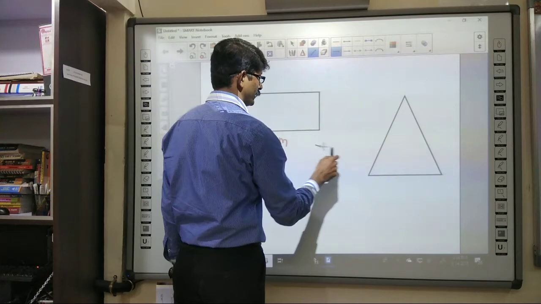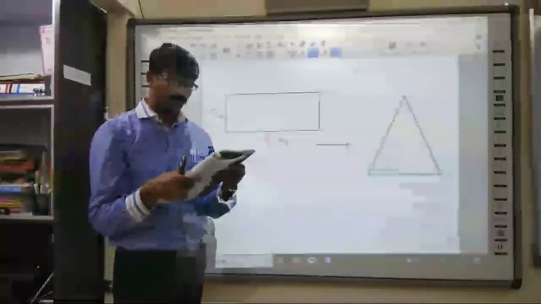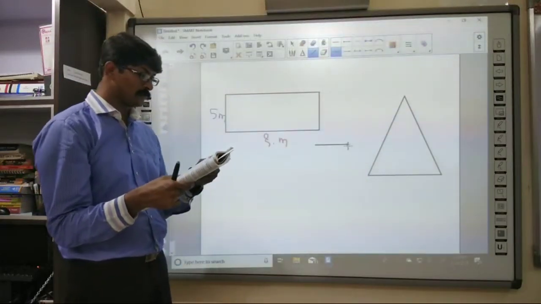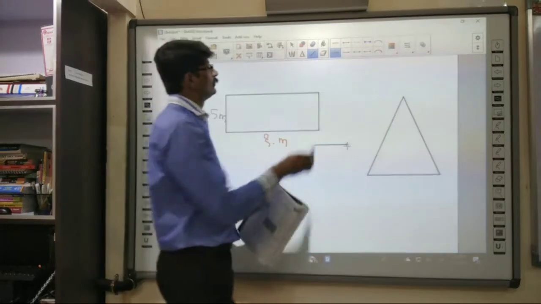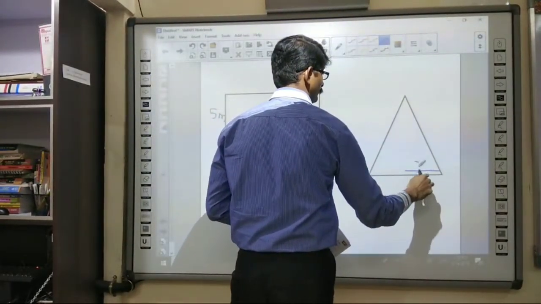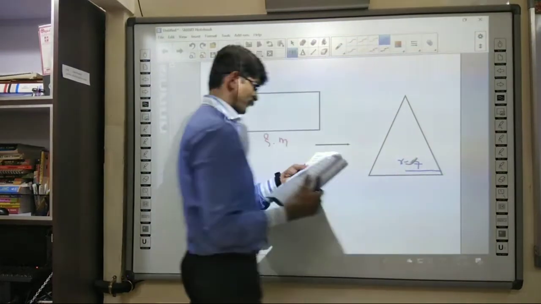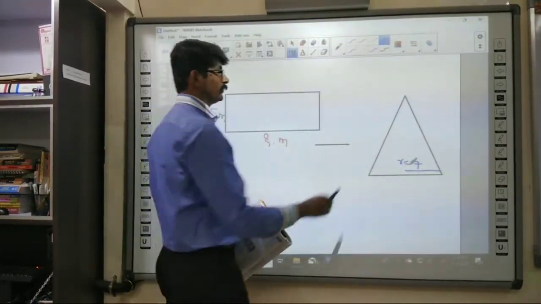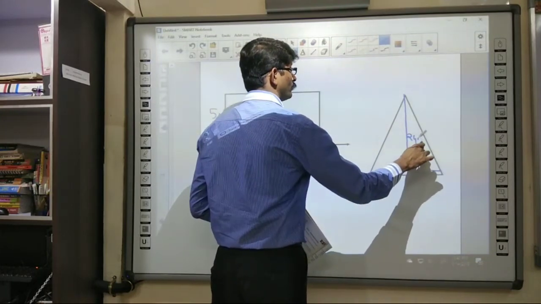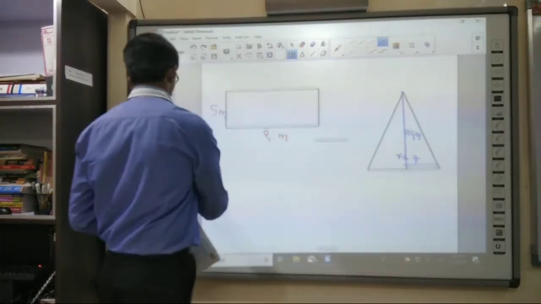Like this, isn't it? And in the conical tent, what dimensions are given? The radius of whose base is 7 meter, so the radius of the base is 7, and the height is 24 meter. So we'll jot down all the info over here.